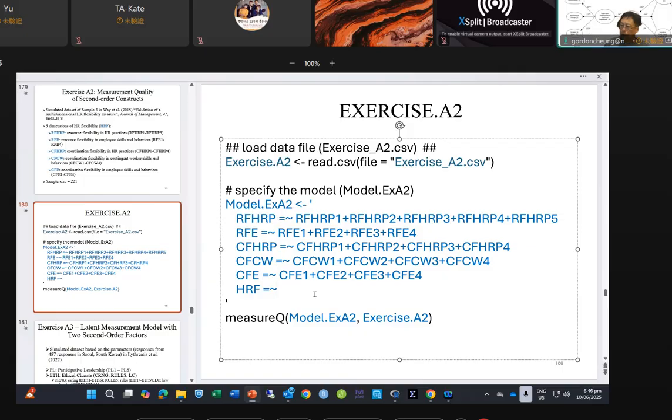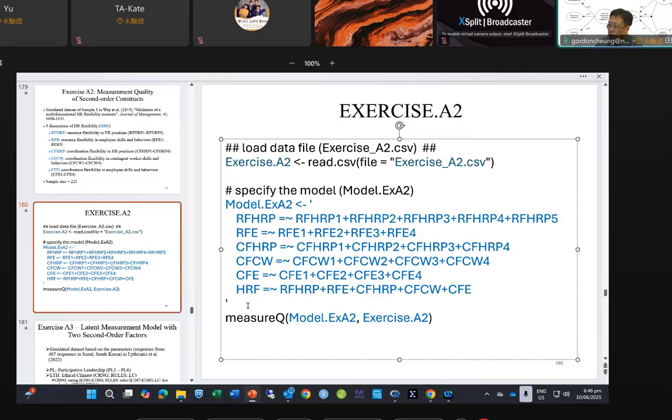For the second order factor, HRF, which is RFHRP plus RFE plus CFHRP plus CFCW plus CFE. So it is simply defining the measurement of the second order factor, but the items are no longer the items in your data file, but they are constructs. This is how we define second order factors.